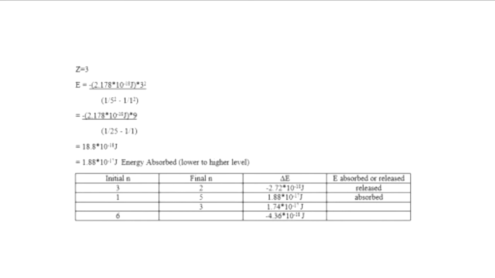For the second row, again, we know that Z is equal to 3, and the final n is equal to 5, and the initial n is equal to 1.